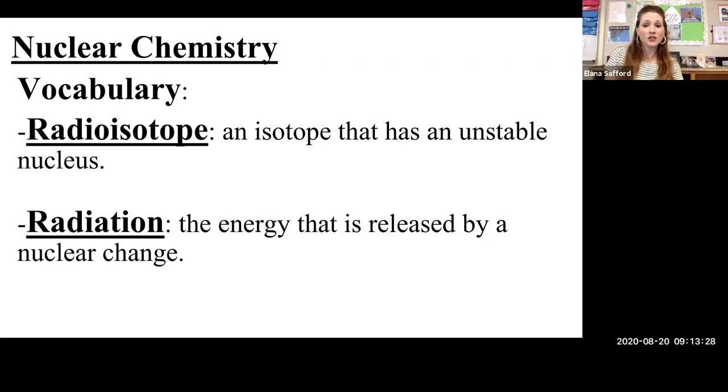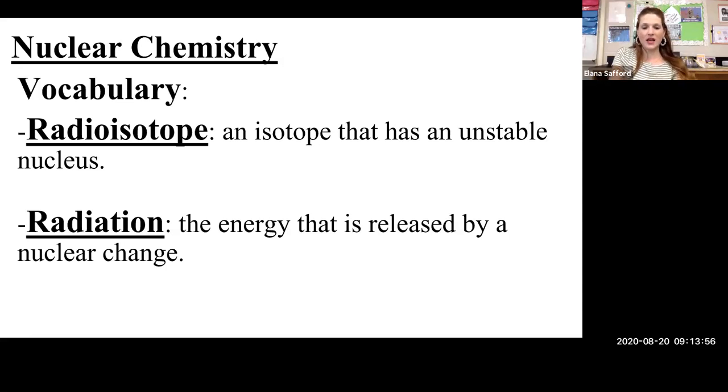This is an isotope that has an unstable nucleus. This can be caused by two things primarily, being too heavy or too light. These are problems. It's like Goldilocks and the Three Bears. They don't want it too big, too little. It has to be just right. Same thing with atoms. Okay, so a radioisotope is unstable because it is too heavy or too light.